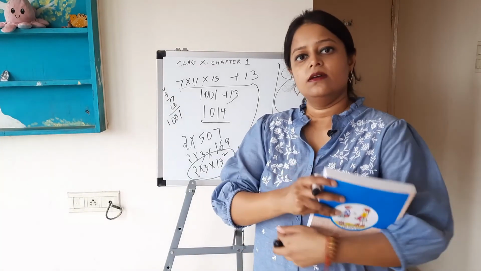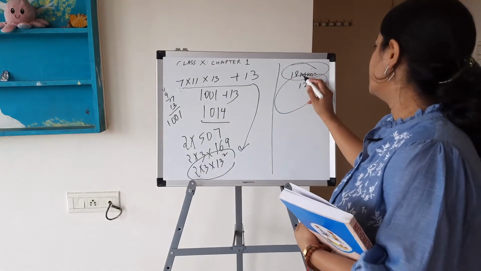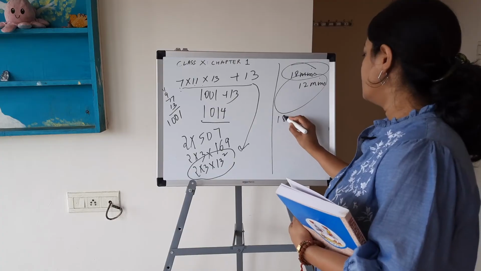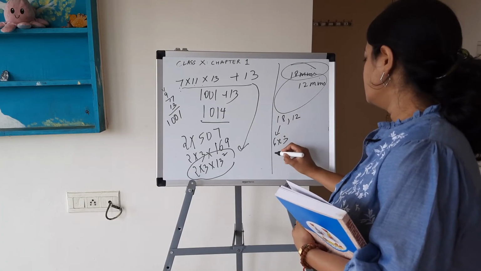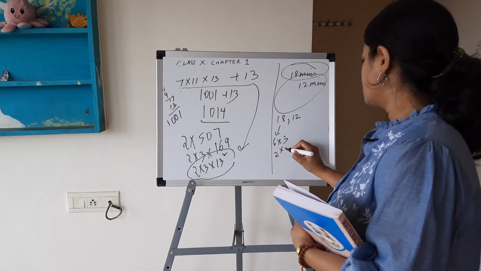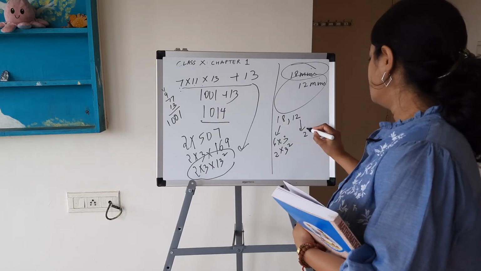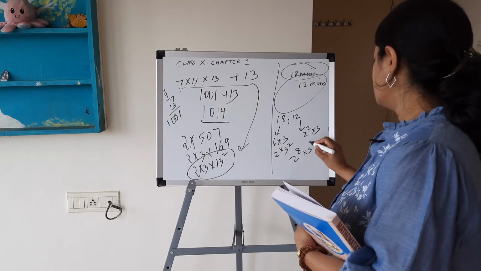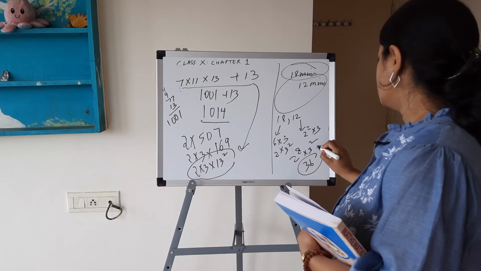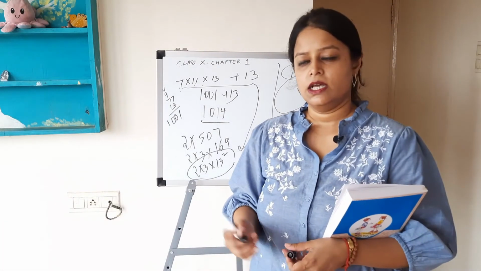It will be the LCM of 18 and 12. What is 18? 6 into 3, which is 2 into 3 square. And 12 is 2 square into 3. The LCM is 2 square into 3 square, which is 36. So they will take 36 minutes to meet.